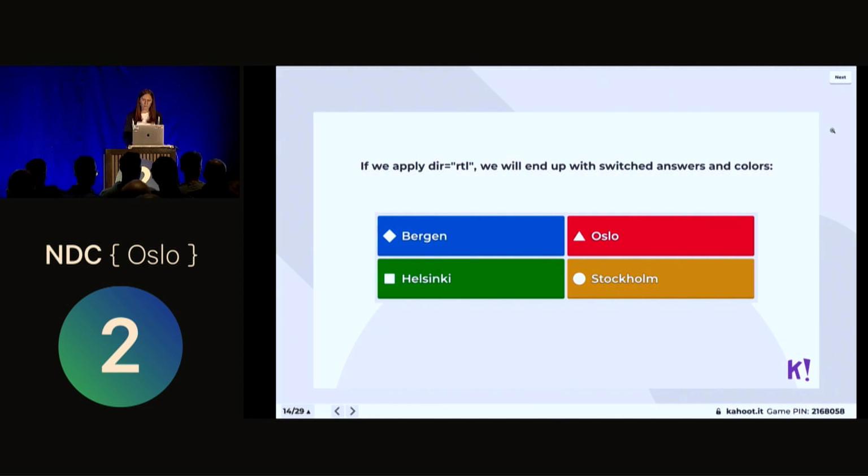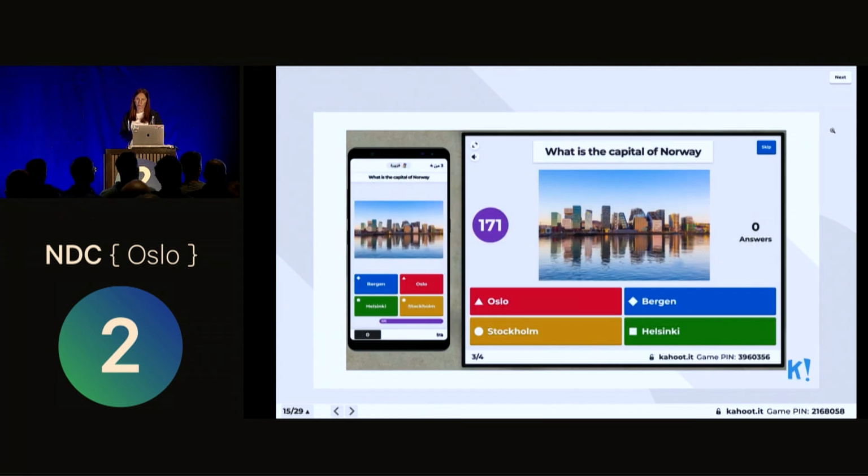Also, it might bring some confusion. For example, if the host, like me here, has the UI in English, it is aligned with red, blue on top. But if someone of you has your phone set to Arabic, and you preferred Arabic language in the application, the colors will be flipped, which might bring confusion because the answers are not placed in the same place as on the screen.